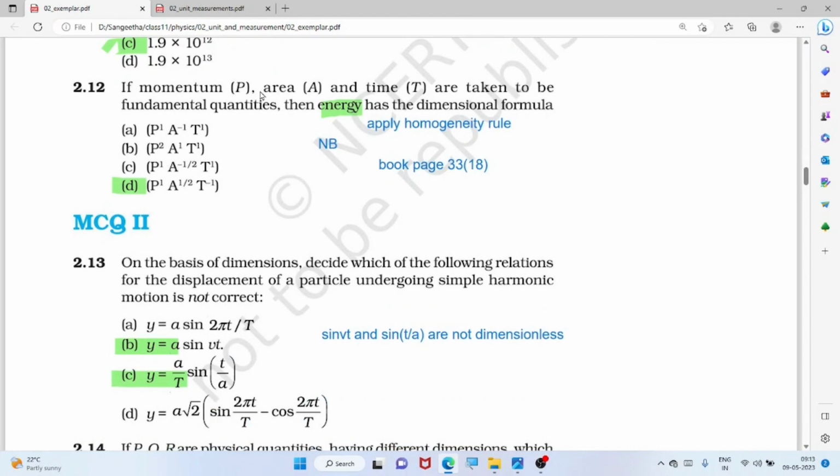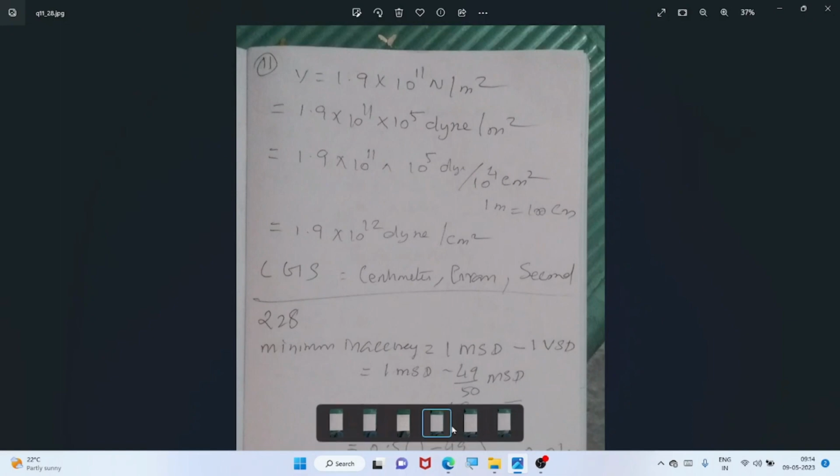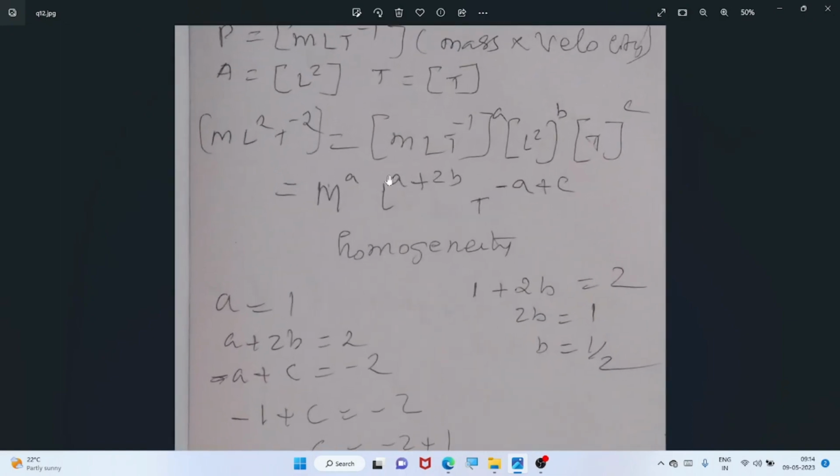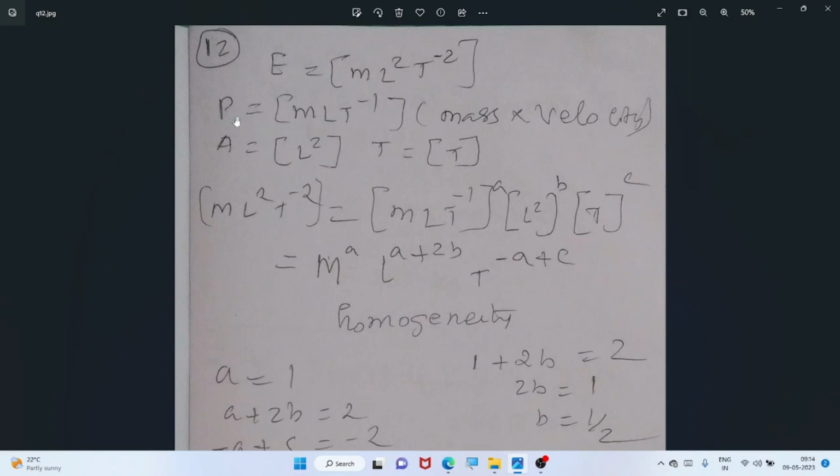If momentum, area and time are taken as the fundamental quantities, find the dimensional formula of energy. You have to apply the homogeneity rules. So the energy equals ML squared T minus 2, then the momentum, the area and the time they have given.